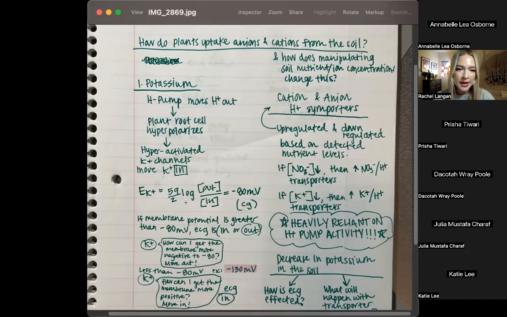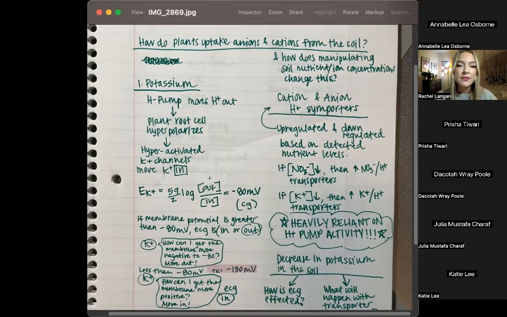So that is why, when we activate hydrogen pumps, potassium moves in: not because the hyperpolarization-gated channels always move potassium in, but because we're at a membrane potential that potassium wants to move in for. Why am I making a big deal out of this?